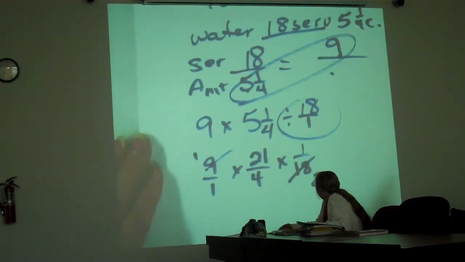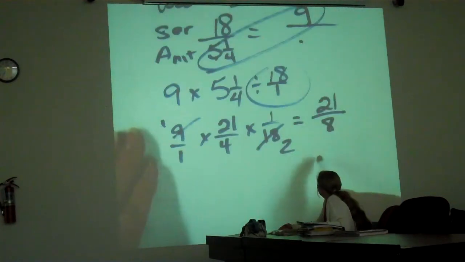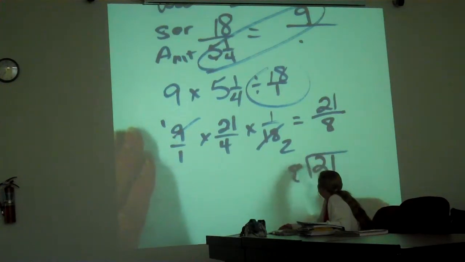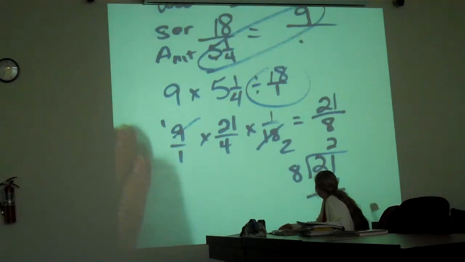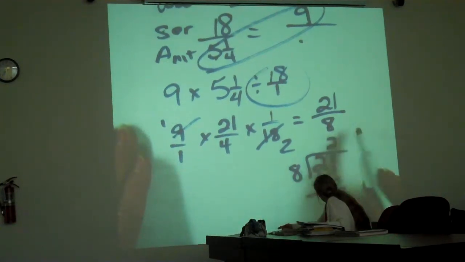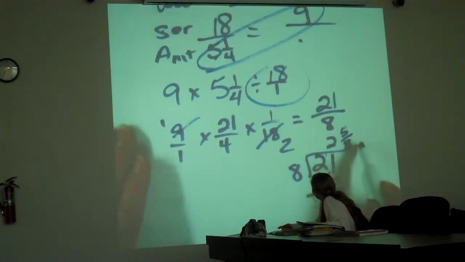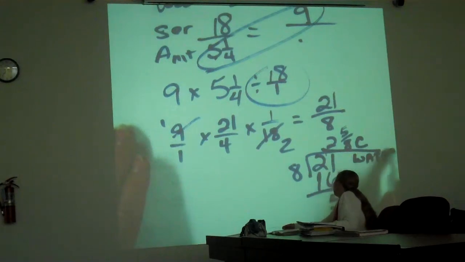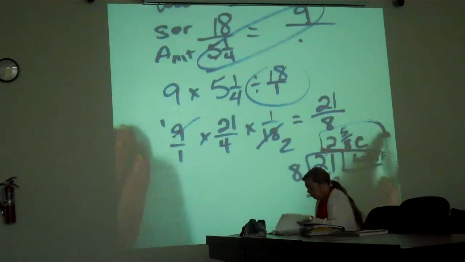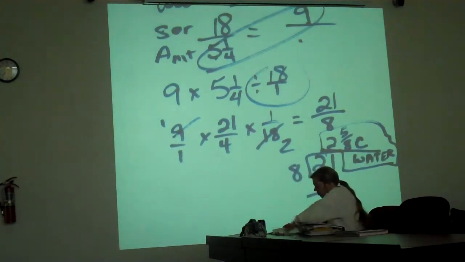No more dividing, huh? 21/8 comes out to 2 5/8. 2 5/8 cups of water, right? Oh, okay, yeah, 'cause that. That's only the water part. You're going to have to do the other ingredients.